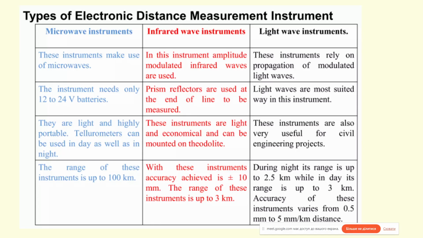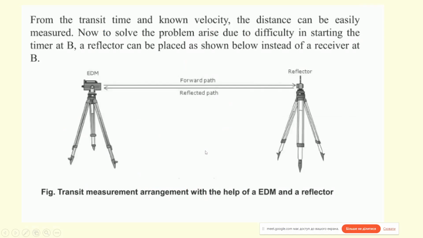During night, its range is up to 2.5 kilometers, while in day its range is up to 3 kilometers. Accuracy of these instruments varies from 0.5 millimeter to 5 millimeters per kilometer distance.